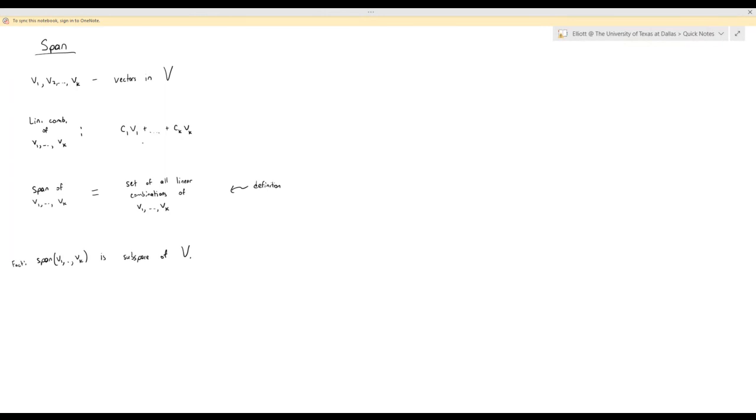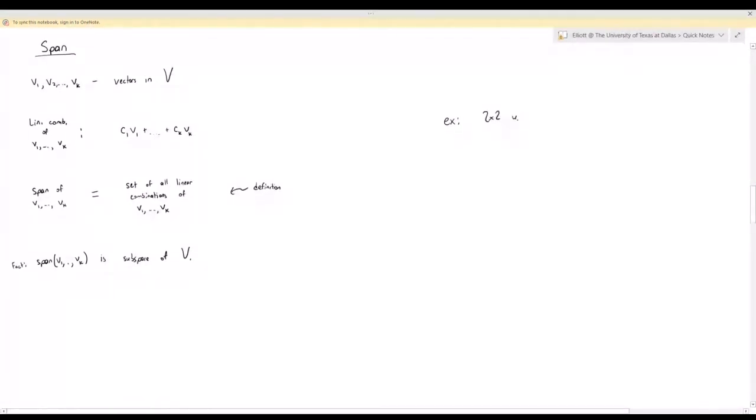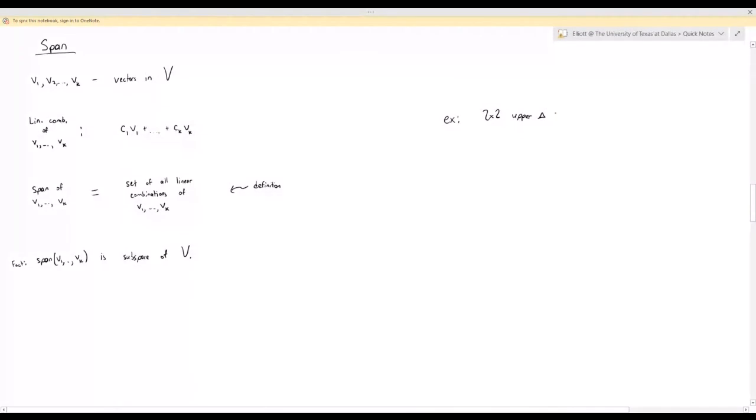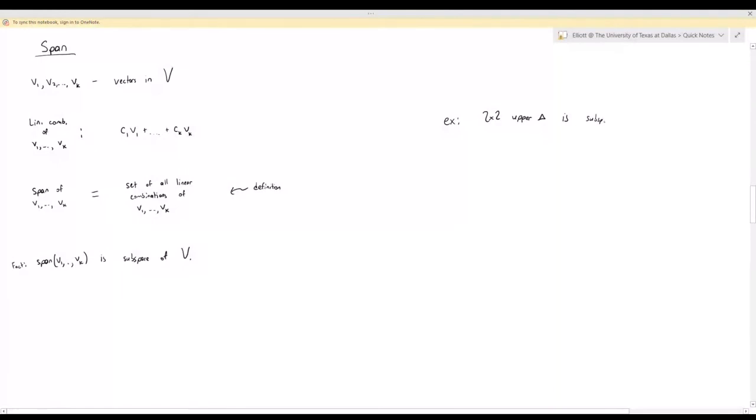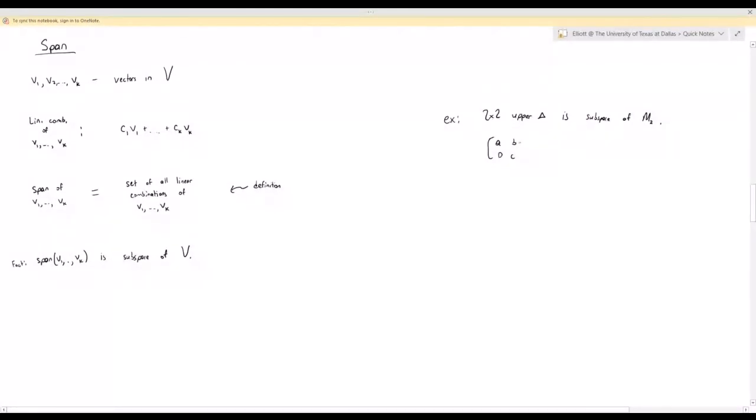As an example, I said earlier when I was giving a list of subspaces that the 2 by 2 upper triangular matrices would be a subspace of the space of all 2 by 2 matrices, because it's closed under addition and closed under scalar multiplication. Now it is also the span of a certain set of matrices.